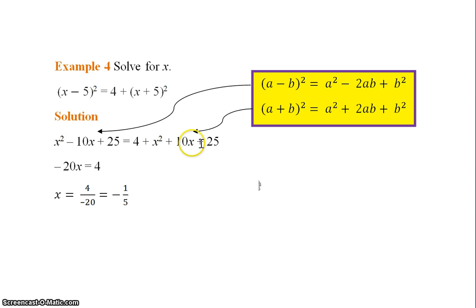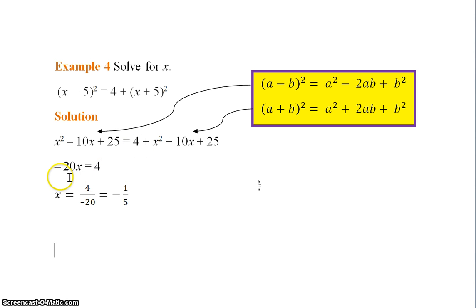Then we can move 10x from the right side to the left side with minus, to isolate the variable. Minus 10x and minus 10x is negative 20x. On the right side, only the number 4 has been left.